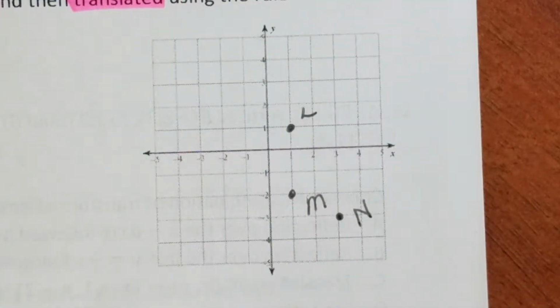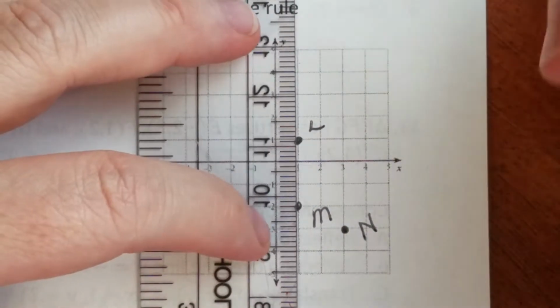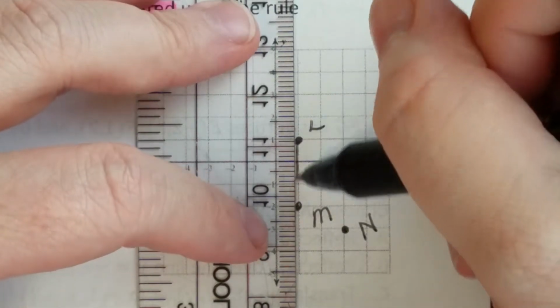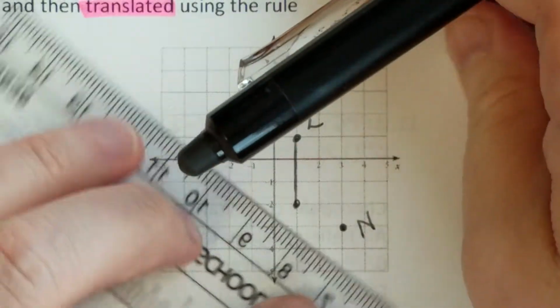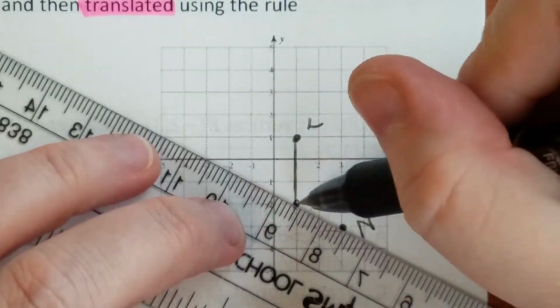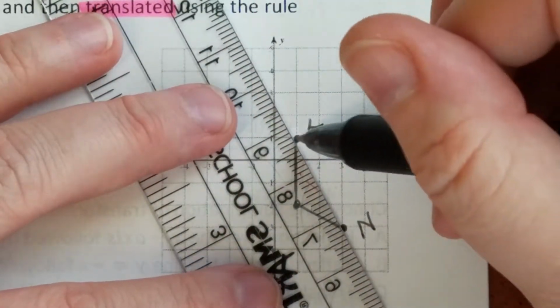I'm going to use my straight edge here to graph. I'm going to move that letter because it's in the way. So we're going to graph our triangle.